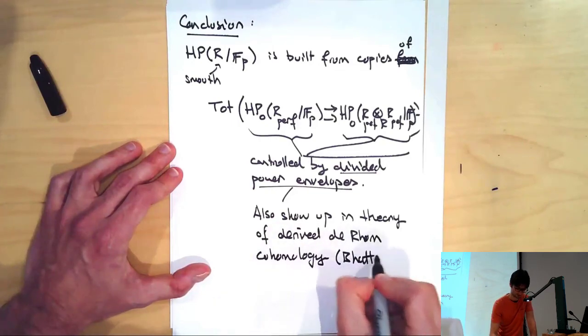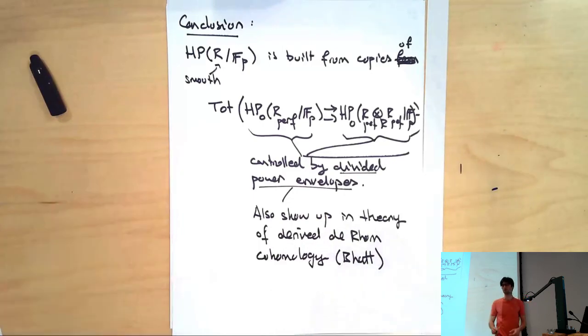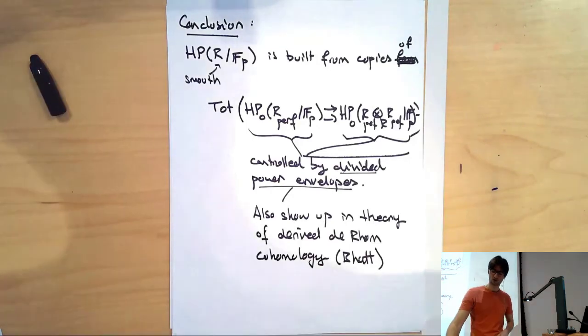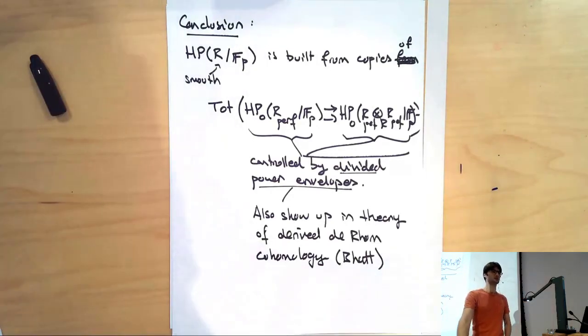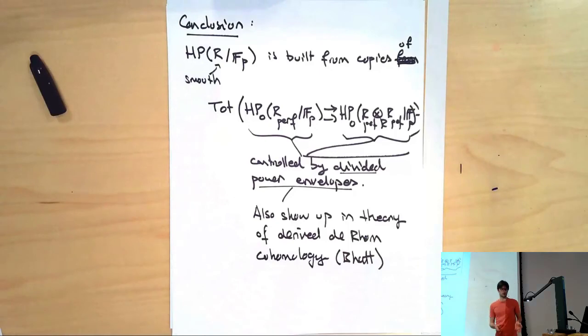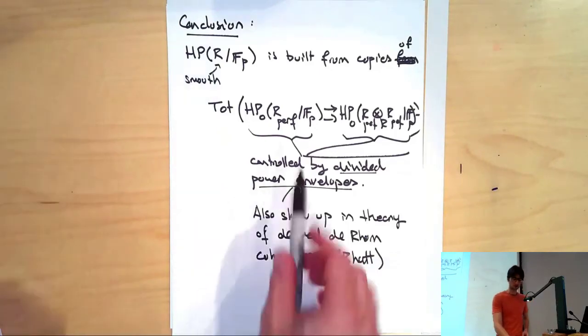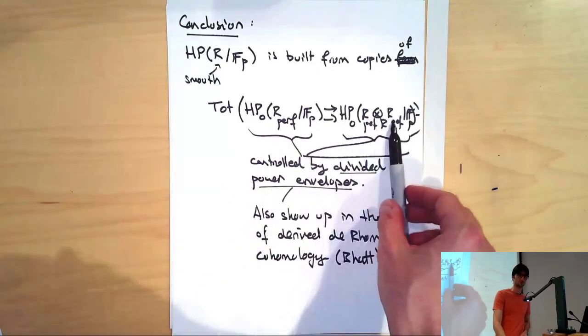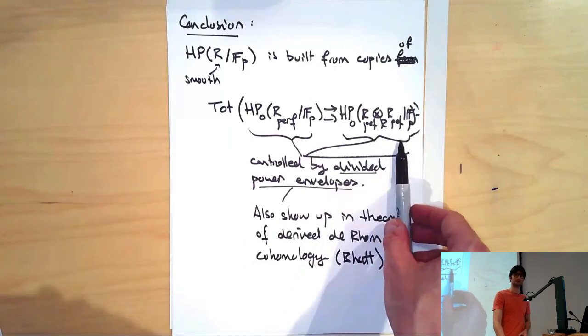Particularly due to work of Bhargav Bhatt, you can identify these divided power envelopes that are appearing, which are describing HP0, in terms of certain derived de Rham cohomology groups of all of these quasi-regular semi-perfect rings.